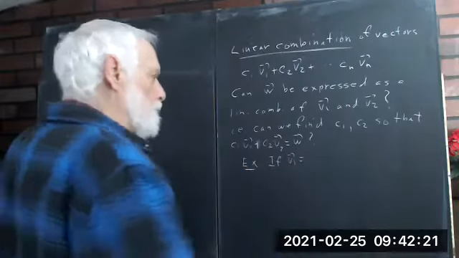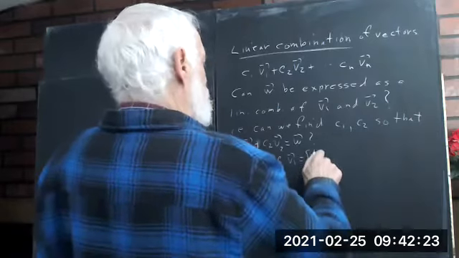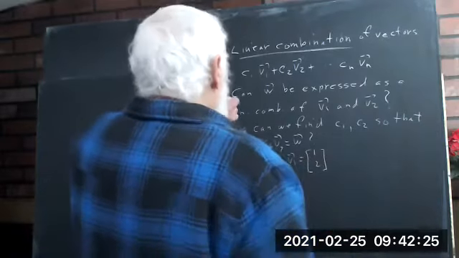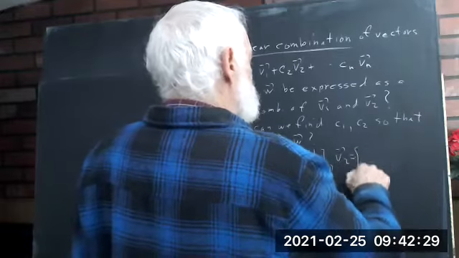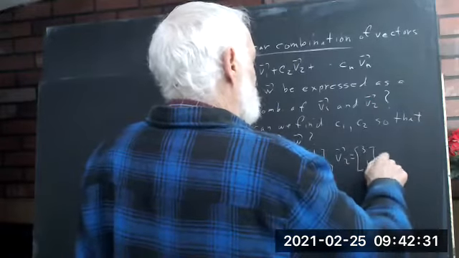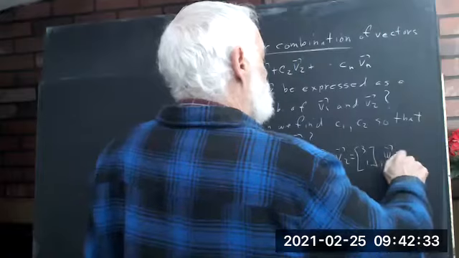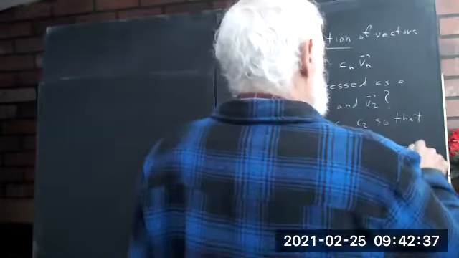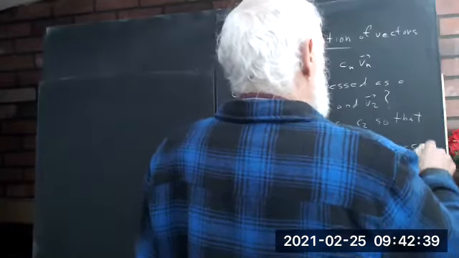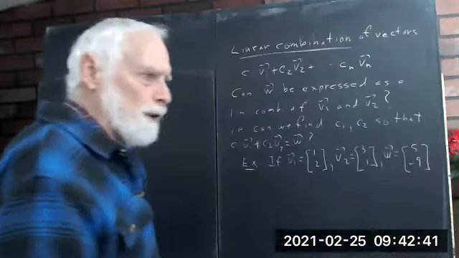Okay, well, so for example, if V1 equals the vector 1, 2, V2 is the vector 3, 1, W equals the vector 5, -9. Any numbers you like.